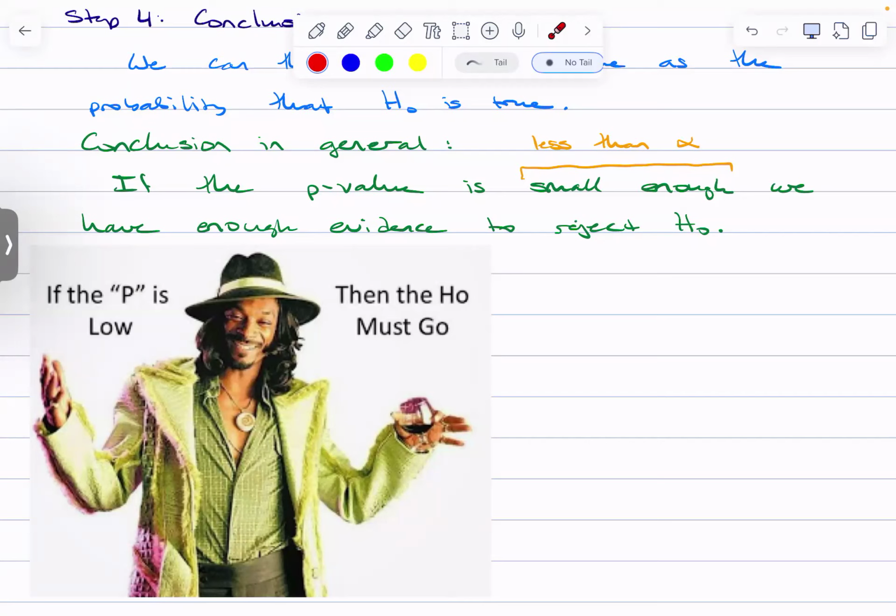That's because you did all your testing assuming H naught was true, and then we can draw our conclusions from that.